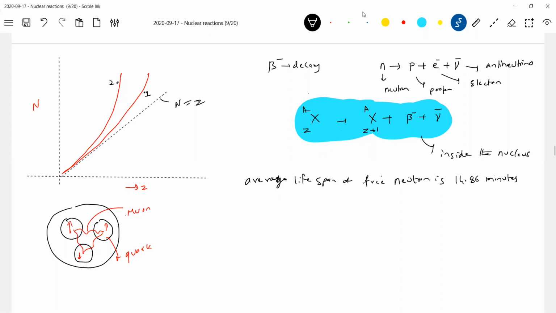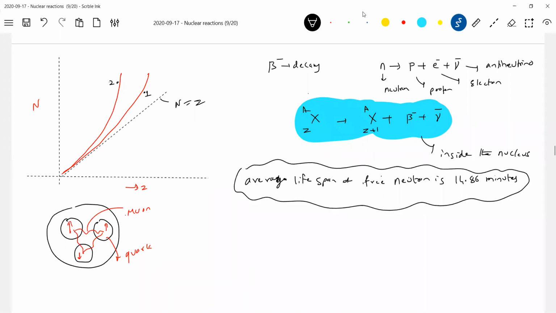We are not bothered about the free neutron. We are bothered about the stability. There are some nuclei where, if they can decrease one neutron and increase one proton, they will jump onto the stability curve. You can see this: the nucleus decreases one neutron, and at the same time increases one proton, Z plus 1, by beta minus decay.